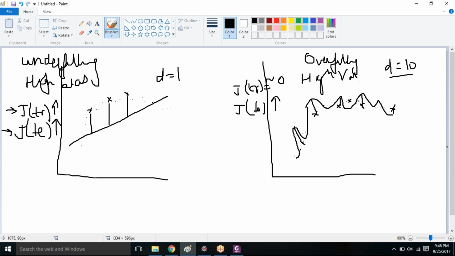So both of these are not recommended. Both these models are wrong. But why? You must know the difference. You must understand the difference. In the high bias or underfitting case, the model which is fitted itself is poor. So even on the training data it performs badly, and on the test data of course it is going to perform badly.